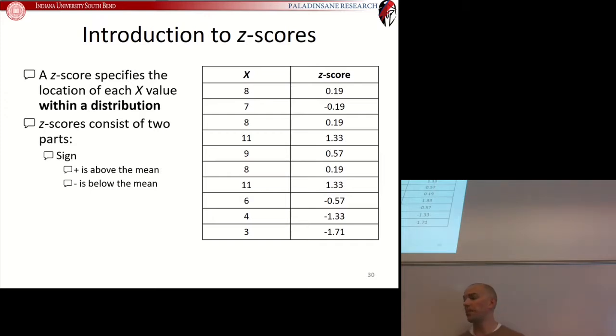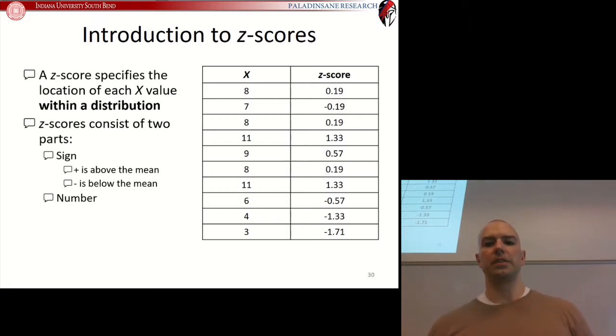I don't know how many points the exam is worth, but I immediately know that they did better than average because they got a positive z-score, 1.33. And if somebody says, oh, I got my exam back and my z-score is minus 1.71, then I know immediately you scored below average. So positive z-scores mean that the score is above average. Negative z-scores mean that it's below average. And again, this is because the average of the z-scores is always equal to 0.